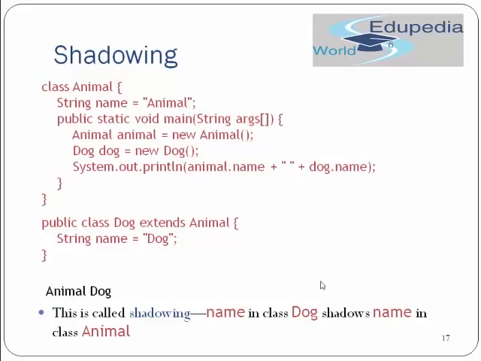These are data members, and data members are not overridden; only member functions, that is methods, are overridden or overloaded. So the Animal class will include its own name, and Dog will include its own name, so they cannot be overridden. This is called shadowing. The name in the class Dog shadows the name in Animal.